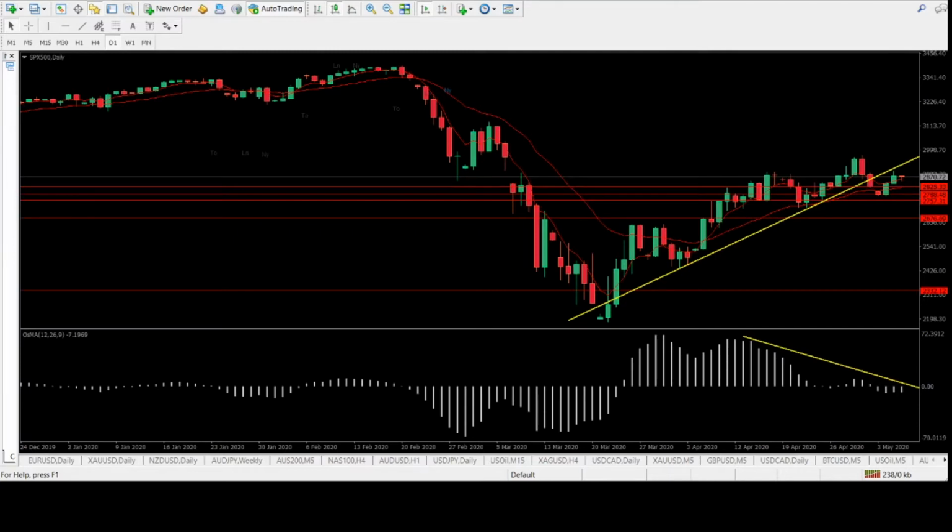So let's just talk about what's going on here. This is the SPX or S&P 500 daily chart index that we're looking at, and I just have some very basic things on.